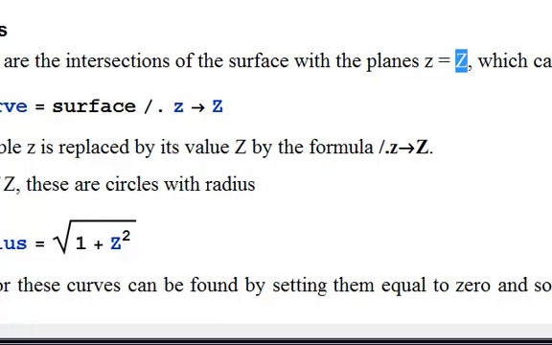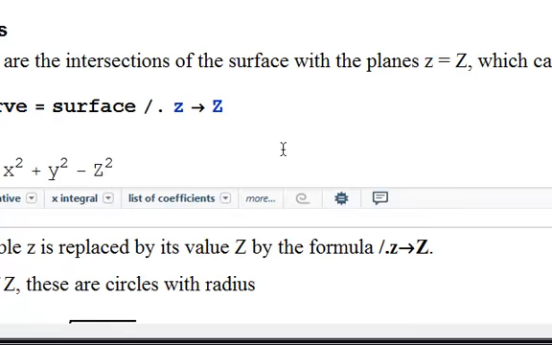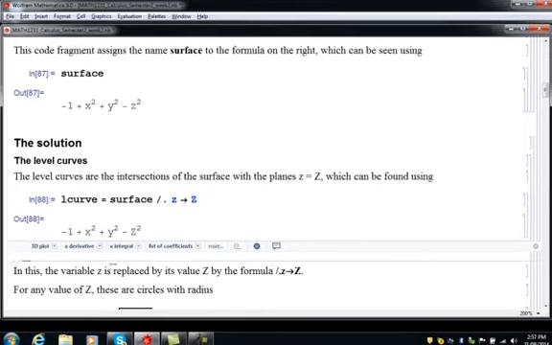So we can define this name L curve for level curve, and we can do that by taking the surface and replacing little z by big Z. So this symbol here assigns that value big Z to the value of little z. So let's execute that. And we can see that the result has replaced the variable little z by big Z.